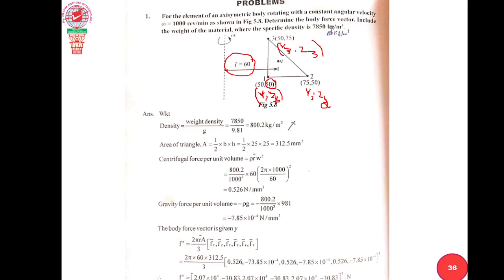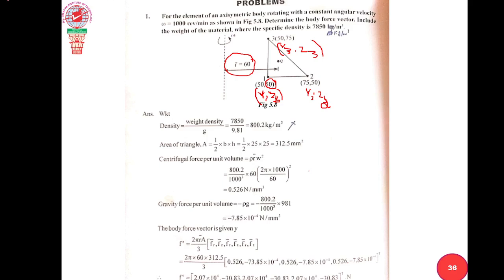Okay, clear? Next, the radius of the centroid R bar equal to 60 mm. This much is the data from the figure.